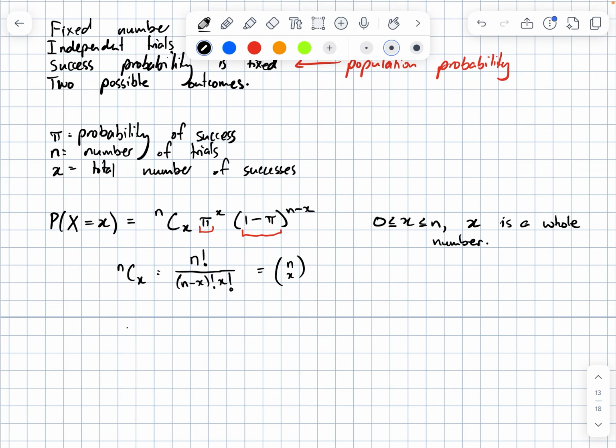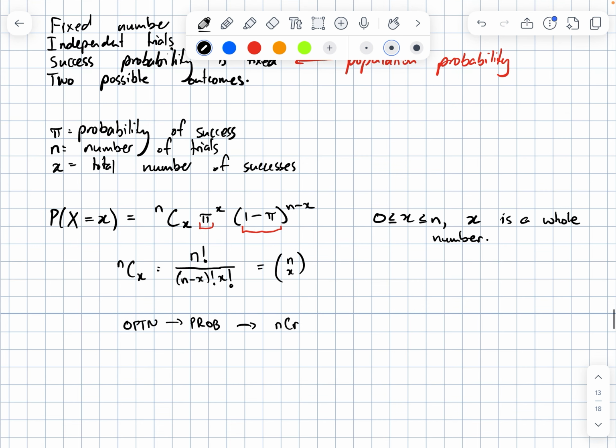To access this you're going to go to the main menu, you're going to hit option, you're going to go across until you find probability, and then there'll be a button that says nCr, which is the one that we want. And to use it, you put whatever n is first, then you click the button and you put whatever r is. Now r in our case is our x.